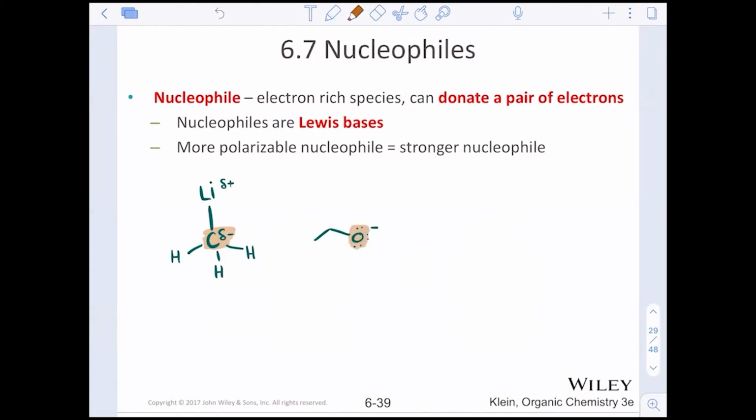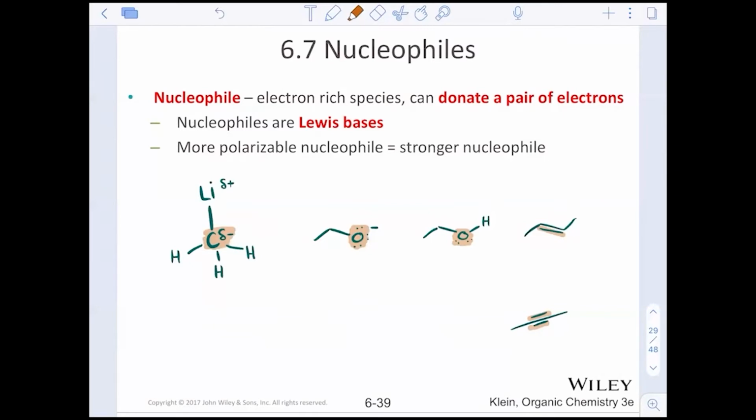Oxygen in this ethoxide ion is the nucleophile. Even without a negative charge, lone pairs are still considered nucleophiles. We will also see pi bonds, the electrons in the double bond or triple bond. I'll draw a triple bond on here too, just so I'm not discriminating against our pi bonds. Those will also be nucleophiles.